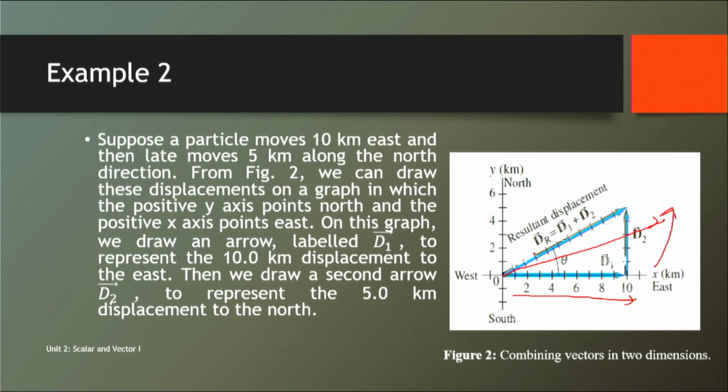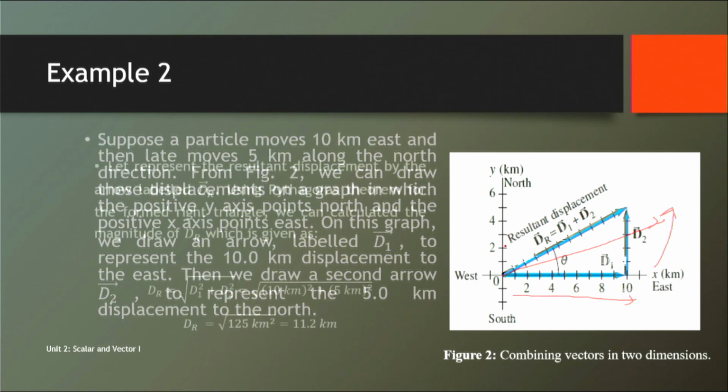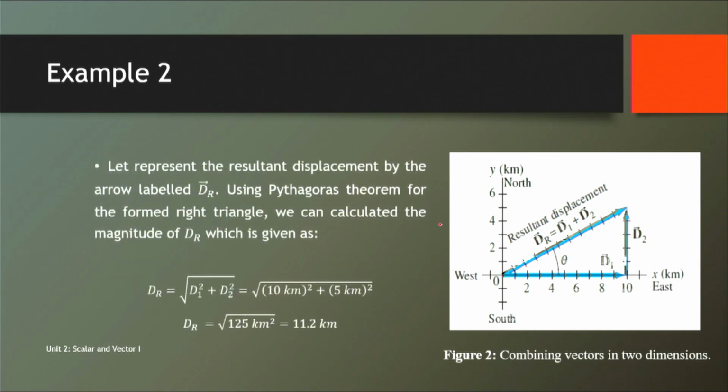But this sum has to do with a parallelogram. So to find our resultant vector for this combined vector system, we have to use the parallelogram theorem, which is given as dr squared equals the sum of our two vector components, d1 squared plus d2 squared.